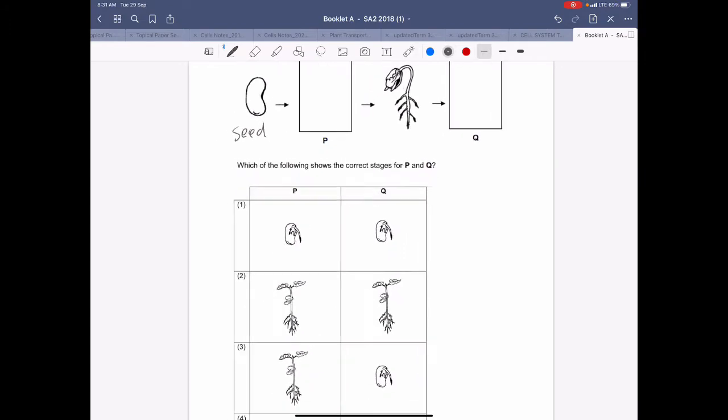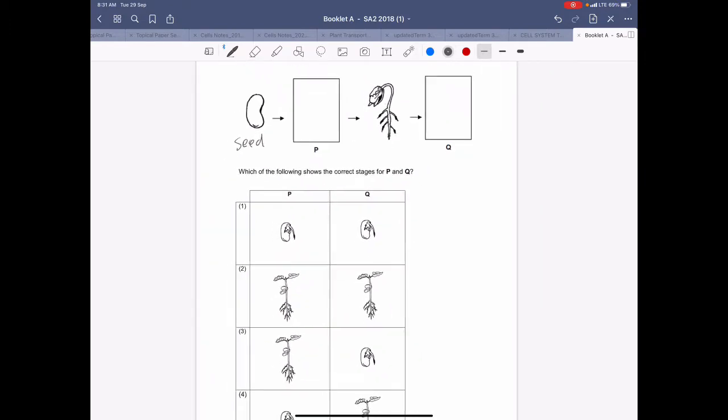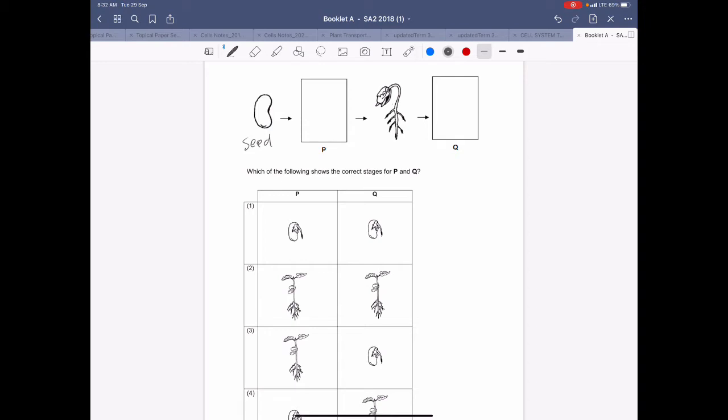Not yet adult. So how do you know that something is adult? Be very careful. Not very big. How do you justify something that's very big on paper? Yes, exactly. Well done. So an adult has flowers or fruits. The minute that you see flowers, it is known as an adult plant already.